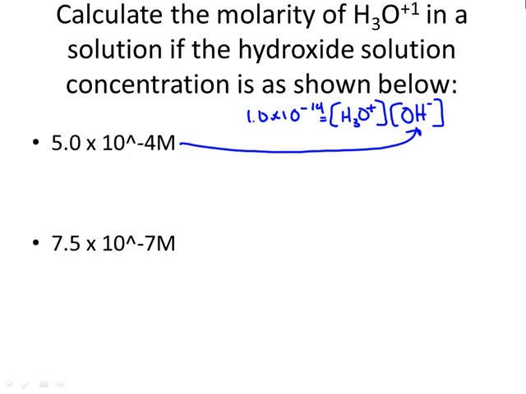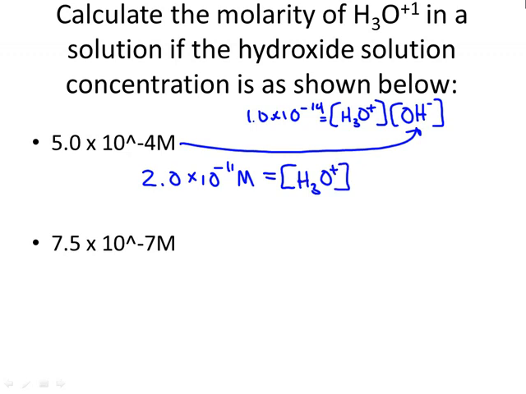So 1.0 times 10 to the negative 14th, and I will divide by 5.0 times 10 to the negative 4th. Helps if you remember to do your parentheses. I get 2.0 times 10 to the negative 11th molarity for the hydronium ion concentration.